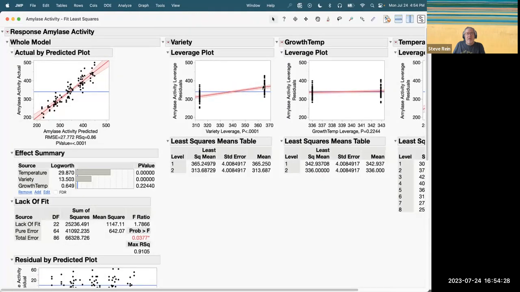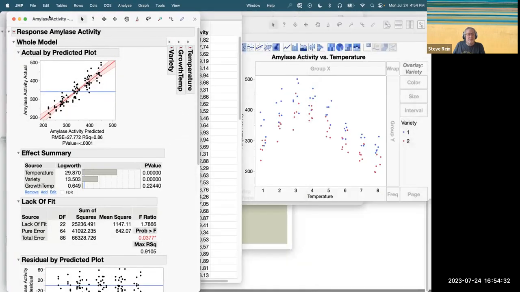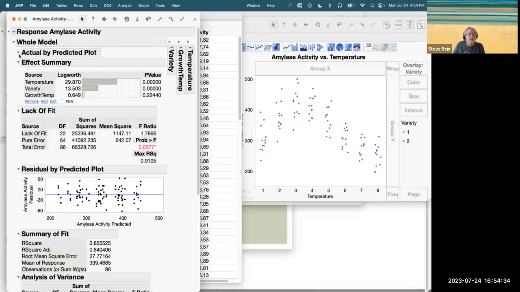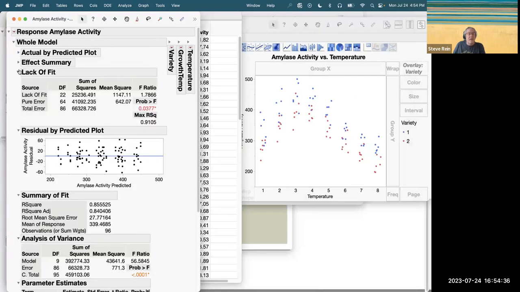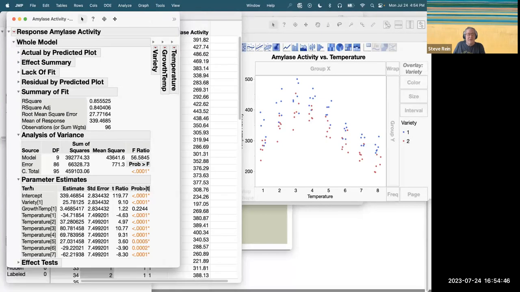Okay, so I'm going to run that analysis, and I have an R squared of 86%. I'm able to explain 86% of the variability. There are my parameter estimates, the effects test. Just forget the effects test. But it does look as though these different temperatures, where we process things, result in different levels of amylase.